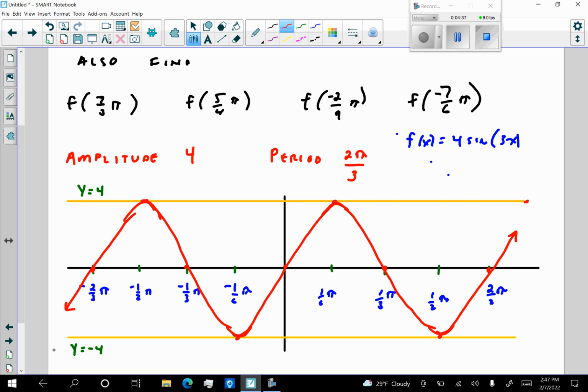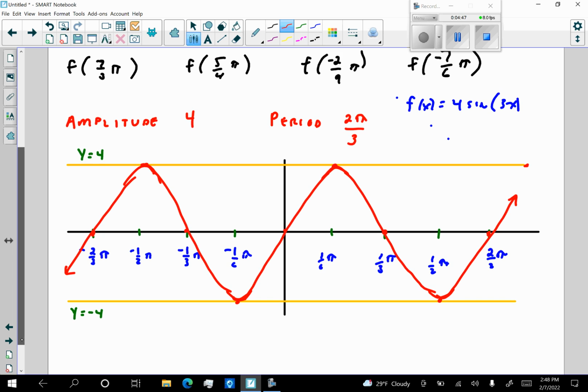This is something that we have not done before, but this would help you with some multiple choice problems. So I want to find f of 7/3 pi. So what is f of 7/3 pi? I'm going to put the 7/3 pi in for x, and this is going to be 4 sine of 3 times 7/3 pi.